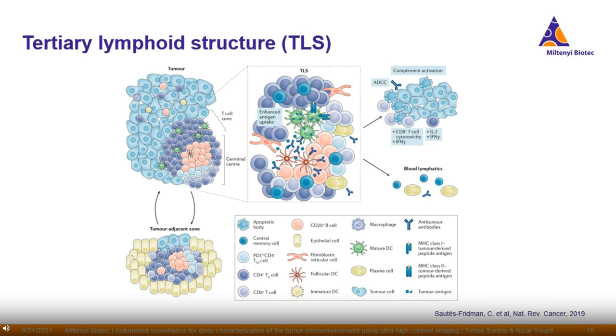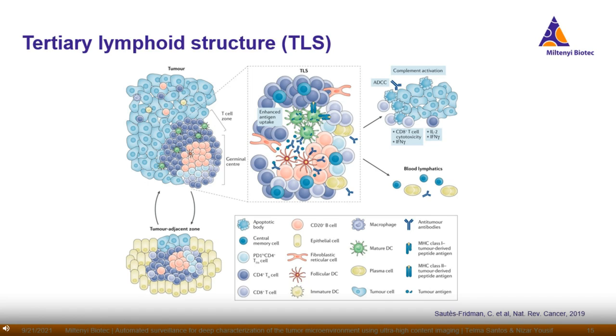The coordinated actions of CD8 positive cytotoxic effector T cells and B cells generated in TLS enable in situ tumor destruction via direct tumor cell killing, the so-called antibody-dependent cellular cytotoxicity mediated by macrophages and/or natural killer cells, and local complement activation.